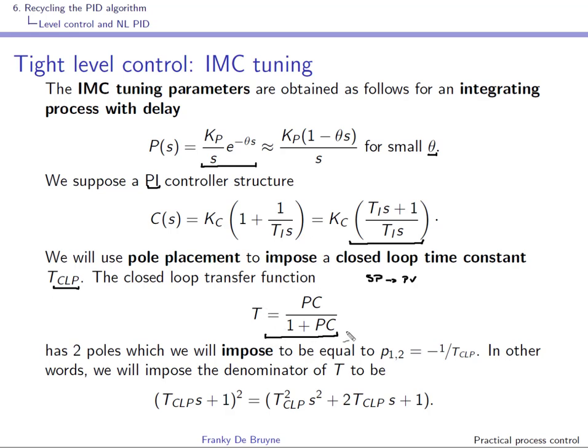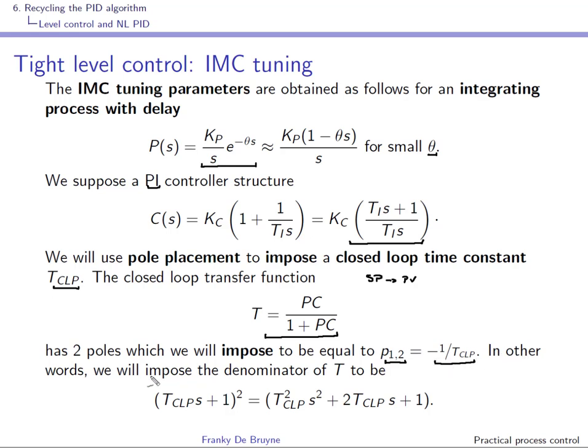We will see that we'll have at the denominator a second order polynomial. If we want to impose a closed loop time constant TCLP, we will have to impose that both poles are -1 over TCLP, right?